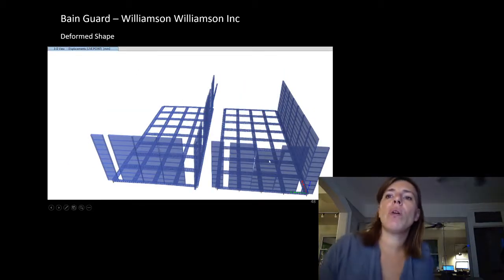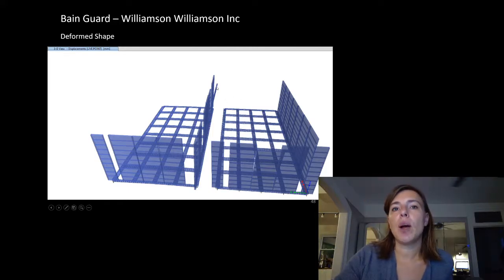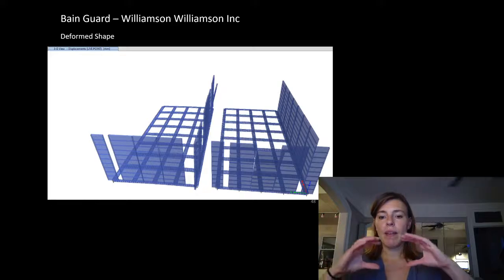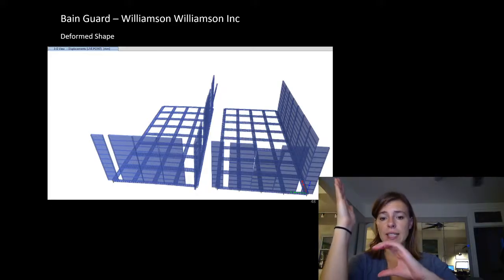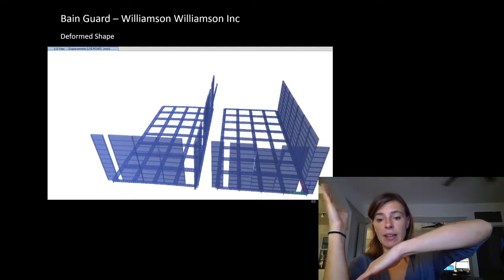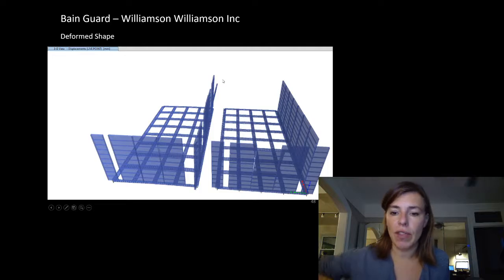So here is one of the models where I had a live point load at the top of the glass, and I wanted to see how this steel behaved. And I wanted to check and see how much, because now we're connecting into something flexible. So that guard, as much as it can deflect, if it's connected into something flexible that can lift up, that can amplify the deflection of the guard.